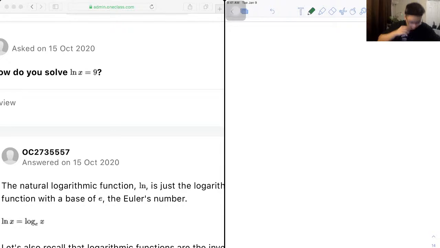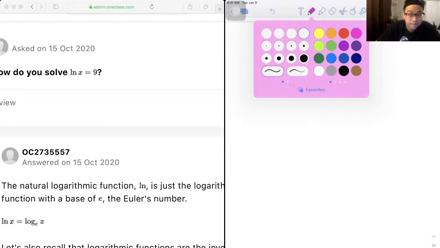Okay. So our next question is asking us to solve ln x is equal to 9. Okay.